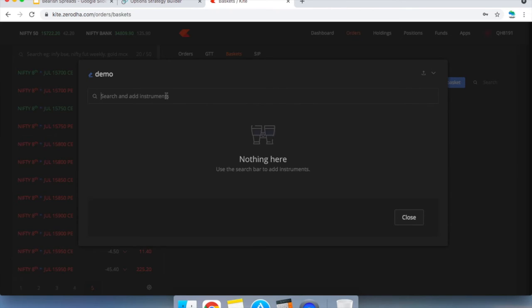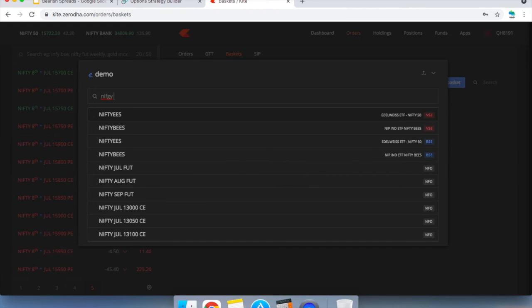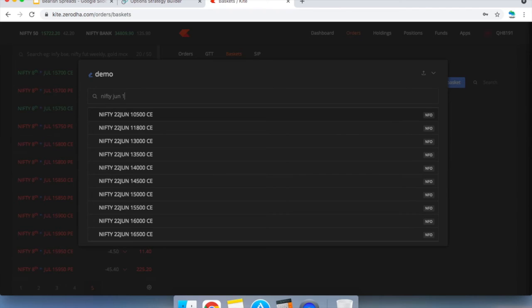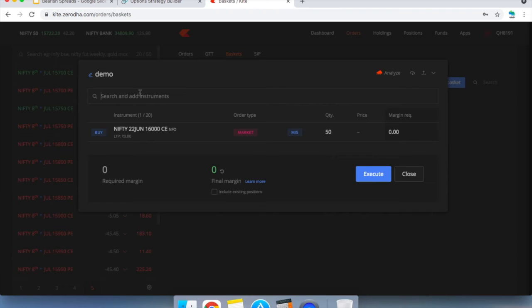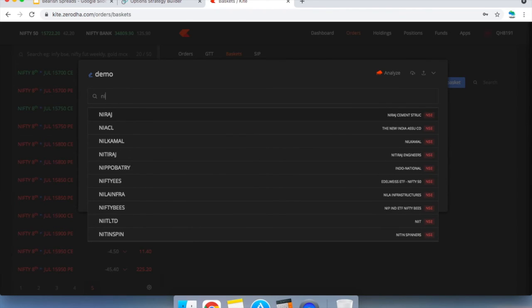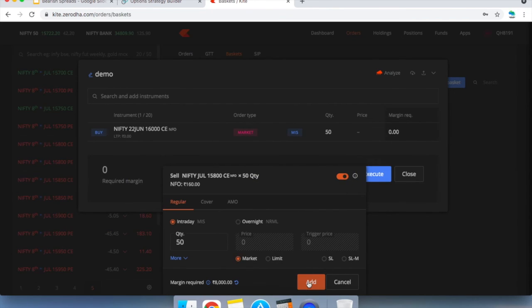Now let's see how we create a bear call. Right, we construct a bearish spread using the call options. Nifty 16,000 call we will buy, and Nifty 15,800 call we will sell.